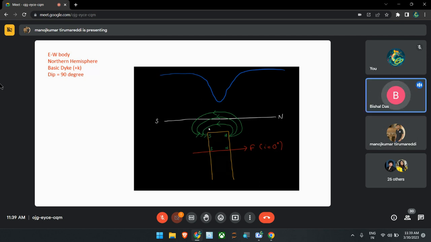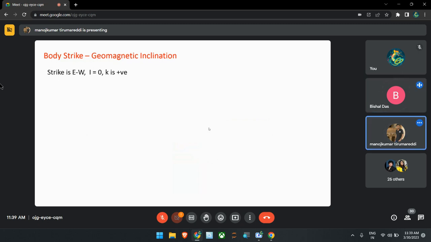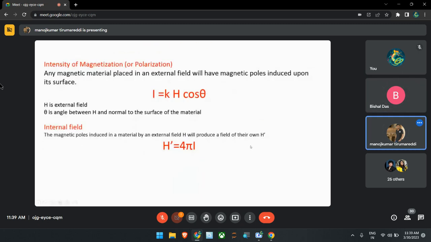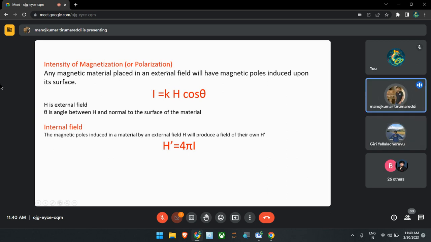See here, H is the applied field; because of it we get some intensity of magnetization, which is the orientation of dipoles, and we call it magnetic polarization.